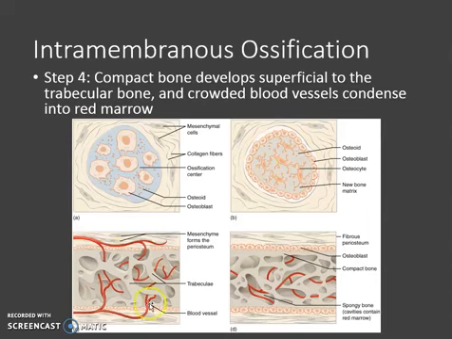The trabecular bone forms, so the spongy bone forms first, and then compact bone forms on each surface. And the blood vessels that invaded the spaces of the trabeculae become the red bone marrow in the spaces of the spongy bone.